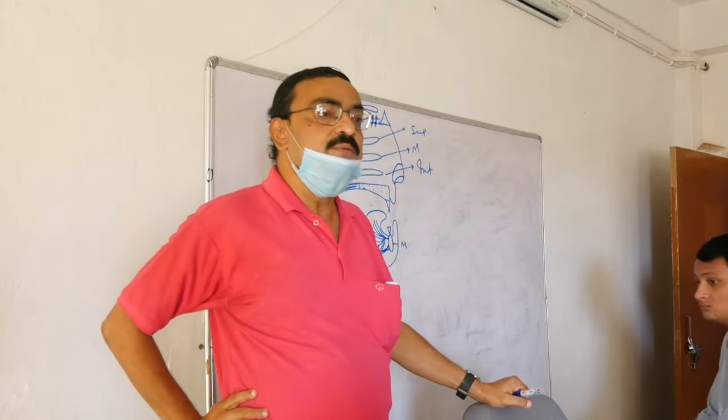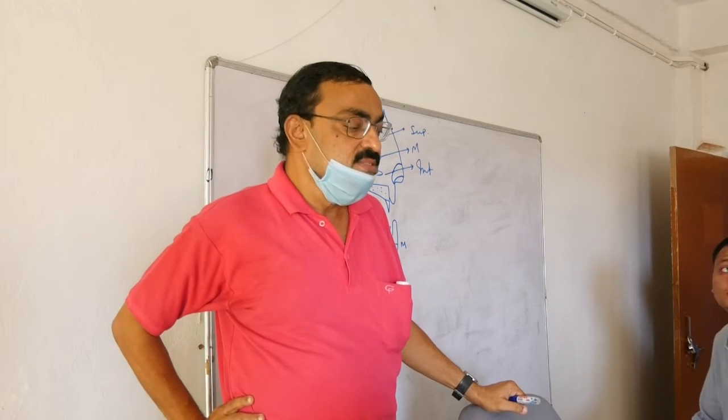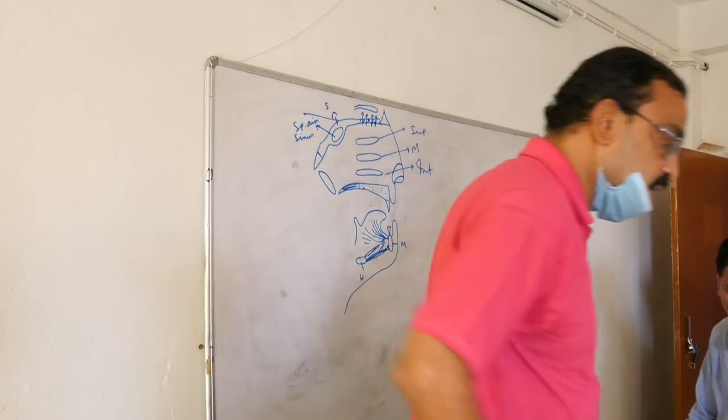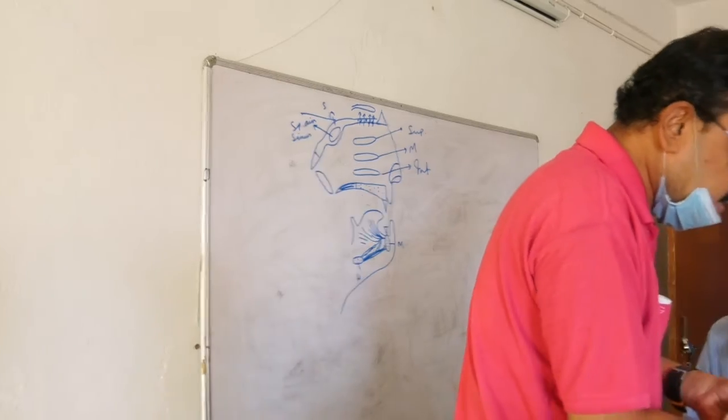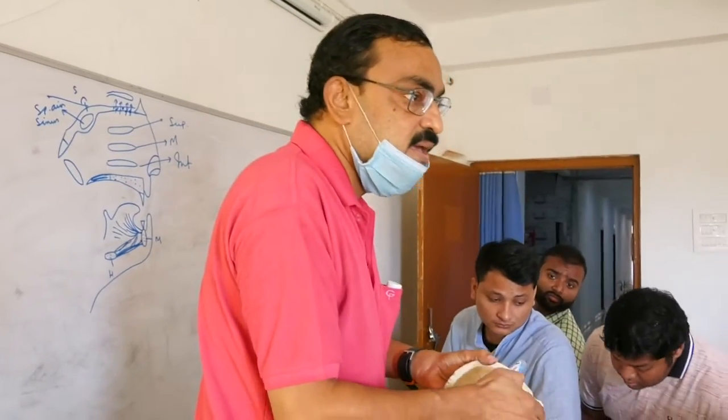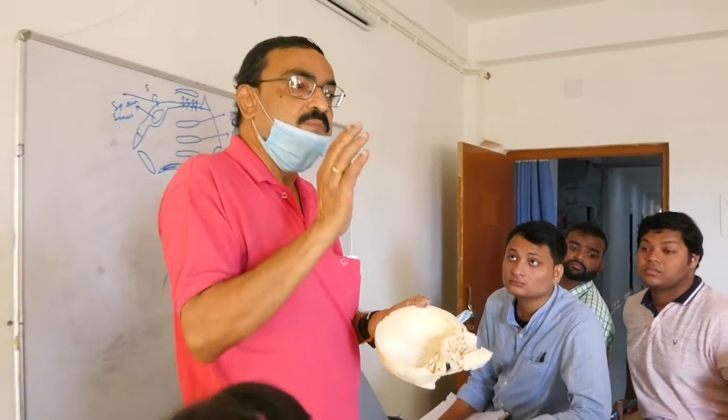And the inferior one is a single piece of bone. Okay. The inferior one, you can see, this is the inferior concha, a single piece of bone.